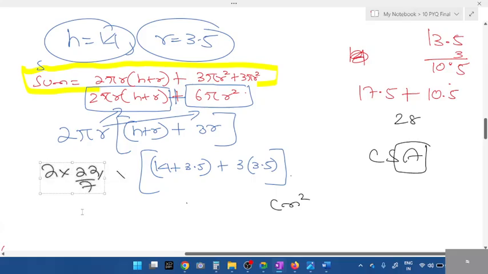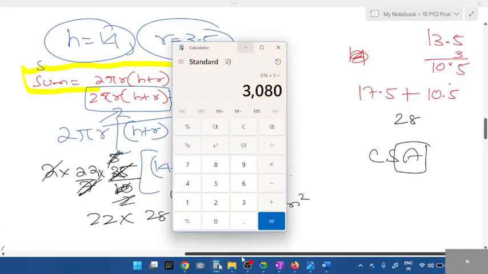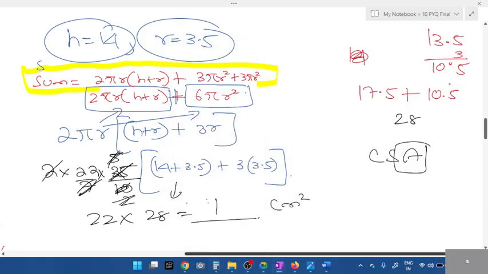If I remove the decimal, then I had written 2, 35 by 10. 7 ones are 7, 5 fives are 5. 2 here, 2 and 2 get cancelled. What is left? 22 into this part we got, 28. 22 into 28 will give you the answer. 616 centimeter square is the answer. 616.